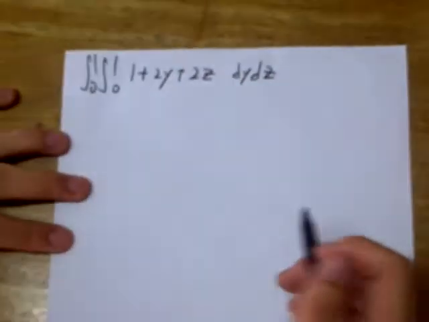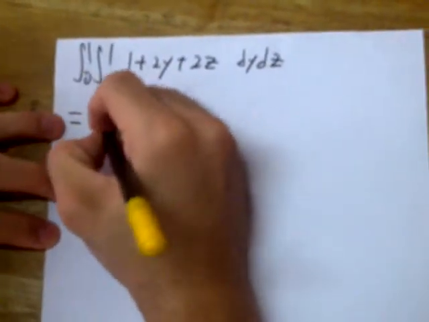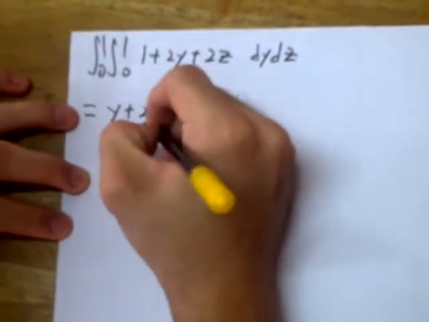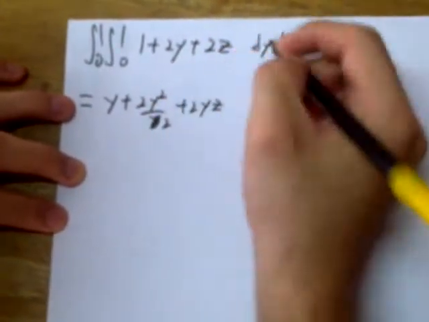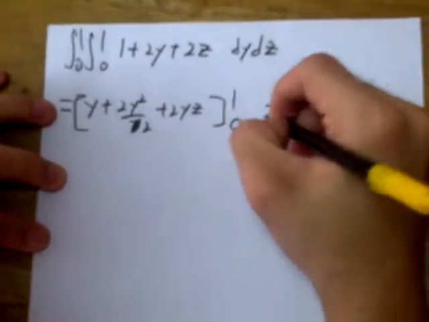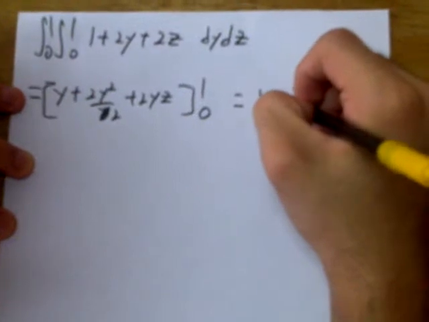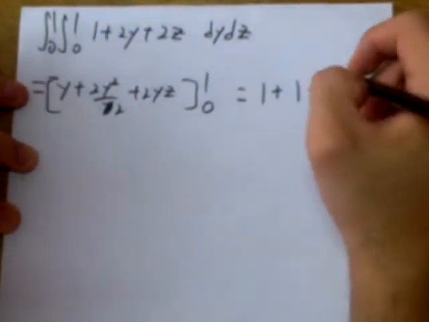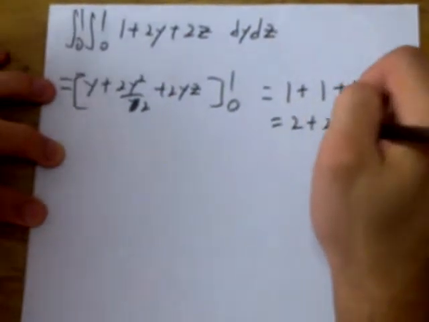So now we get this equation and we have to integrate the y variable. It gives y plus 2y squared over 2 plus 2yz between 1 and 0. So it gives 1 plus 1 plus 2z, so it becomes 2 plus 2z.